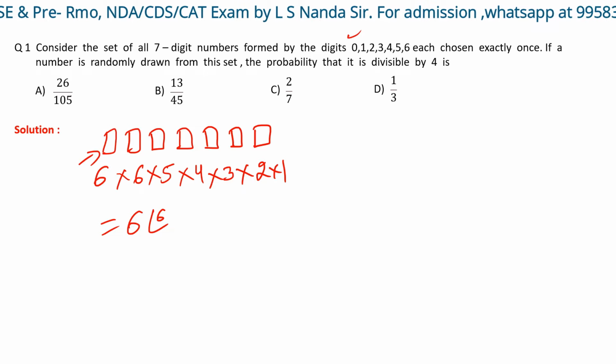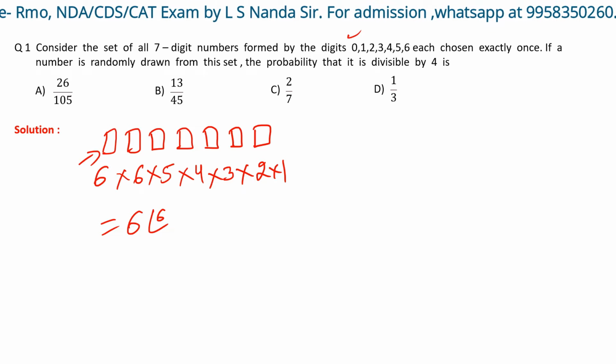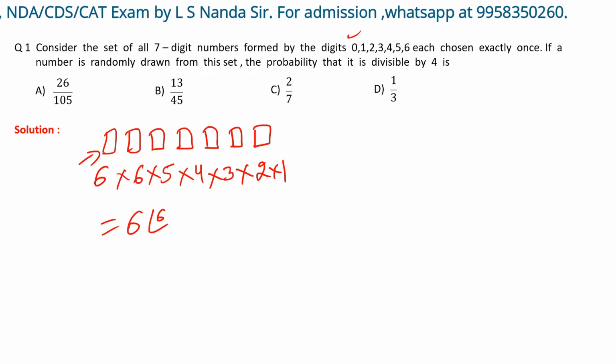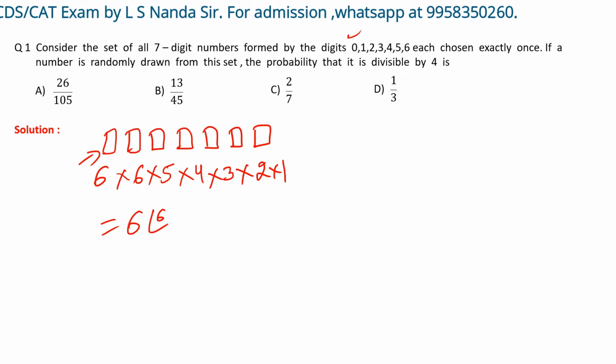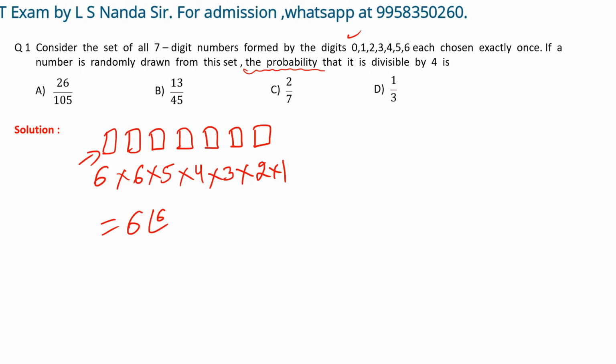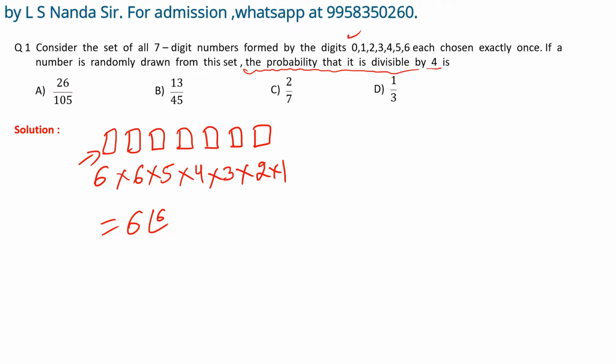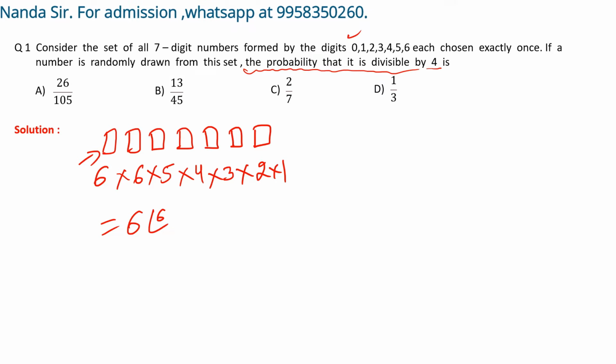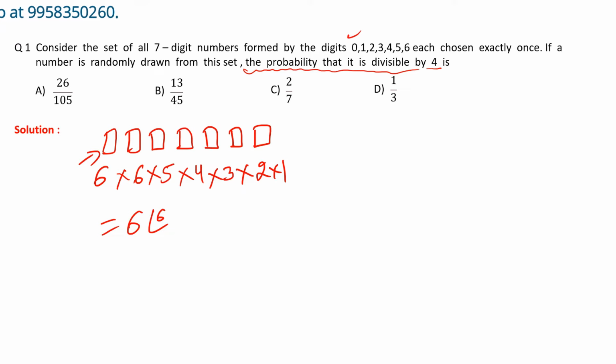Now we move towards finding the favorable number of cases. To find it, you will have to find those numbers which are divisible by 4. And students, for divisibility by 4, you must know that if the number formed by the last 2 digits of a number is divisible by 4, then the whole number is divisible by 4.